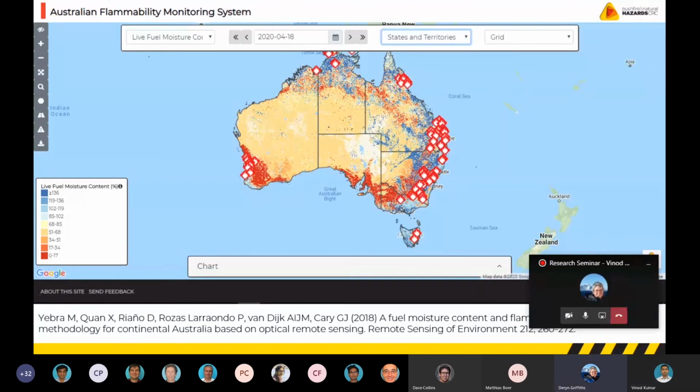This is taking a long time. Vinod, I'm noticing that you're getting a poor connectivity message coming up sometimes saying that you have bad Wi-Fi. I'm just wondering whether you want to email me your presentation, and maybe if I display it, it may be a bit more responsive. Up to you. It's not moved on yet from the Australian Flammability Monitoring System. It worked pretty well last time with Peter's presentation.